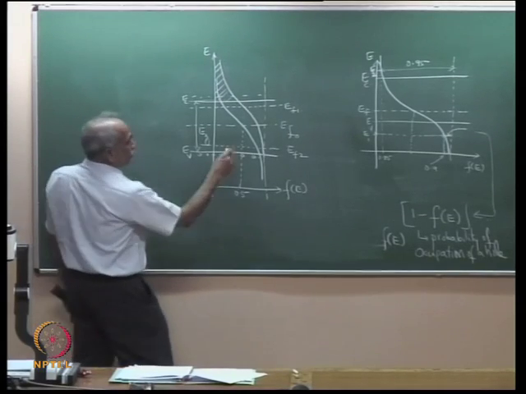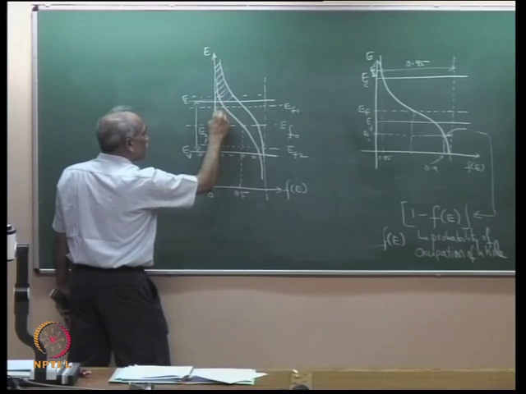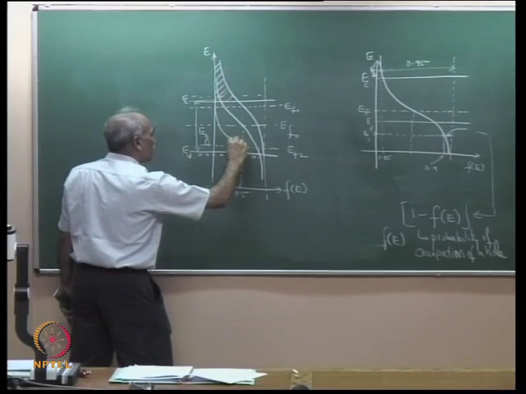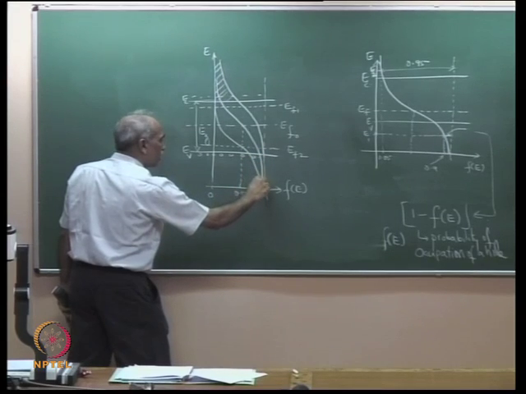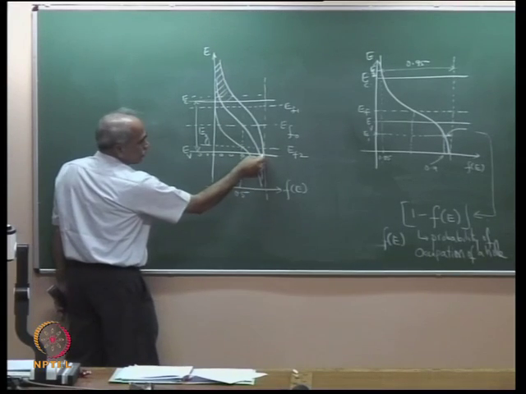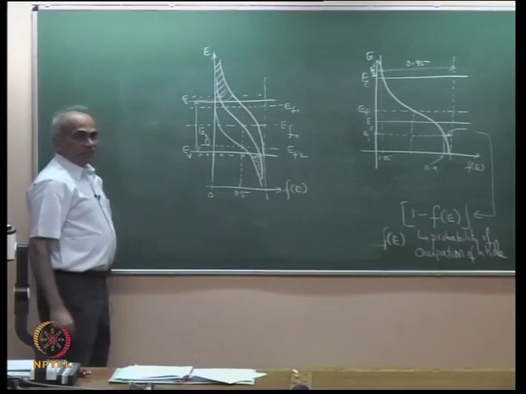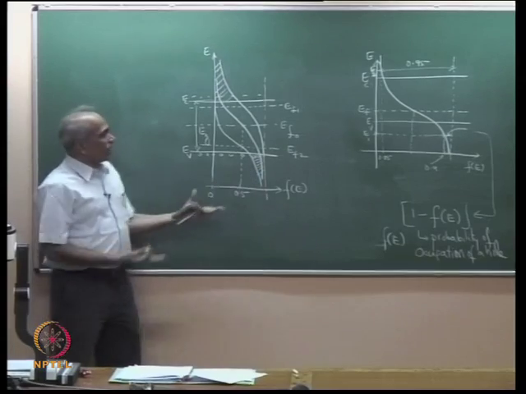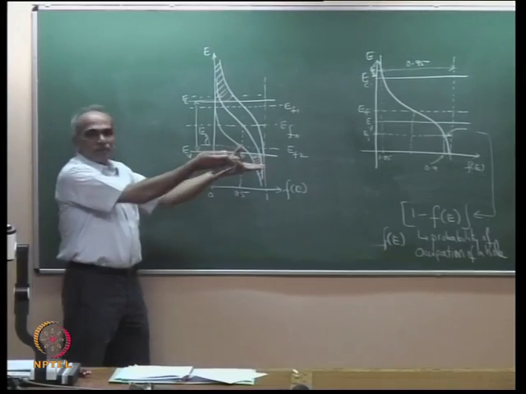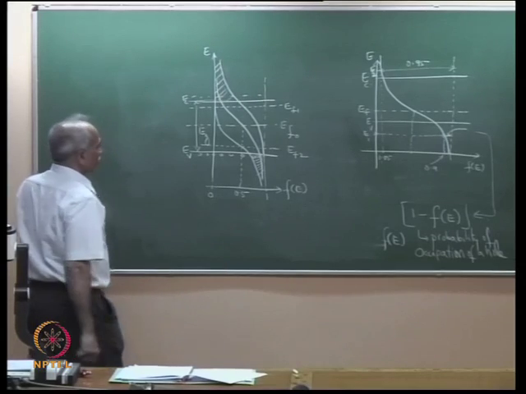So the curve is now shifted downwards. You have the 0.5 coming here, and you see now the area under here is quite large. It means there are larger number of holes in the valence band. So graphically it is very clear. Of course, in mathematics, if you put numbers, it will show you the numbers.